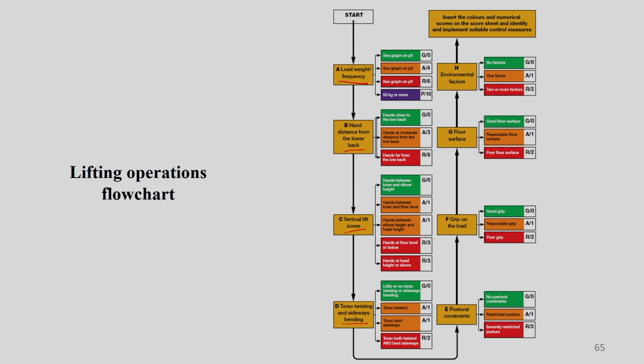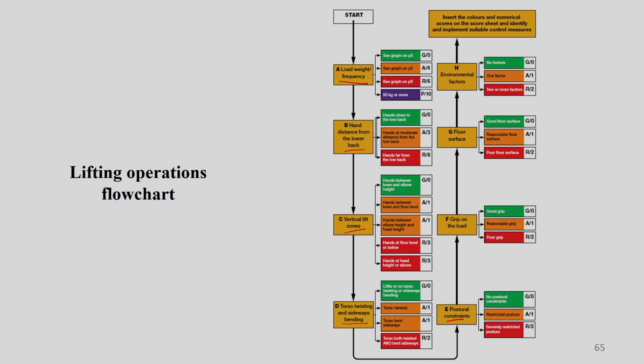So twisting and bending, this is D. Then postural constraint, where there are difficulties in movement, you have a restriction in the movement. Maybe you have some PPE, or the position is such that you cannot move. So that is the postural constraint.